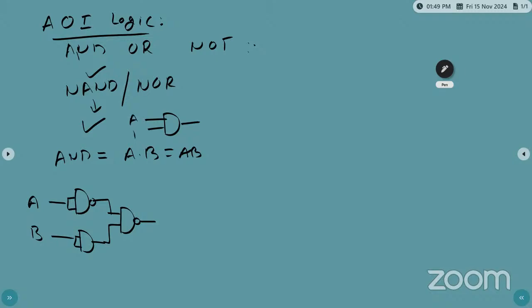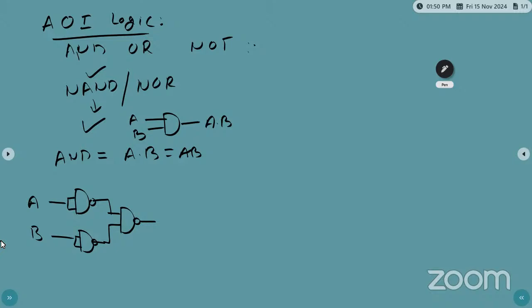A, B, output is AB, right? Output is AB. Now, instead of the AND gate we are using the NAND gate. Okay, what is the meaning of this? How many minimum inputs are required for the NAND gate? 2 minimum. So that's why we are taking input 1, input 2, but the 2 inputs I am taking as the common input. So that's why I am making the short. Here also 2 inputs short.